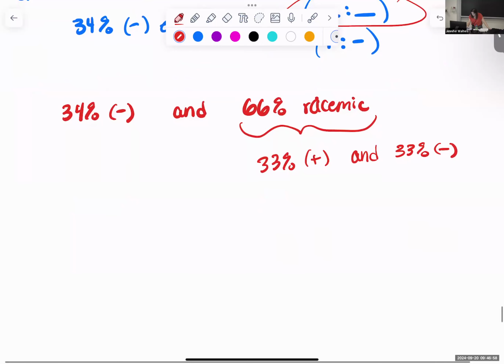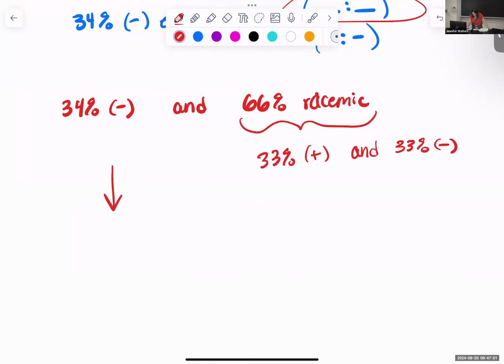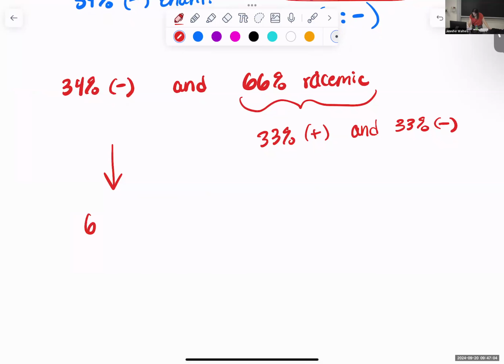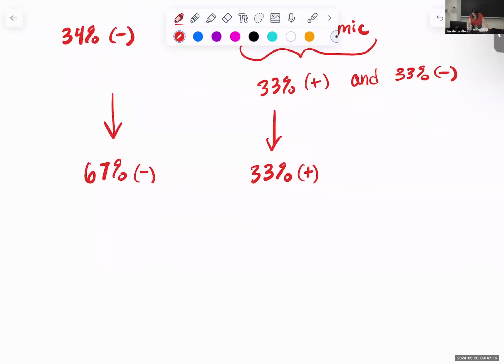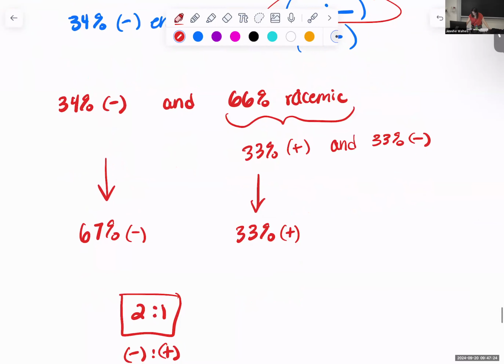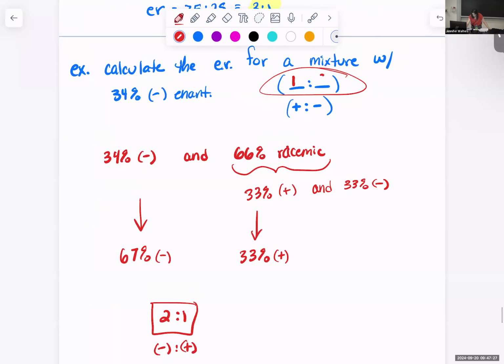So when I combine those two negatives, I end up with a 67%, which is about 66, to my 33, which is a 2-to-1 ratio if you do negative to positive. But I didn't ask for that. I asked for positive to negative. So when you fill in the numbers, just make sure that it matches. Cool. Any questions about that?